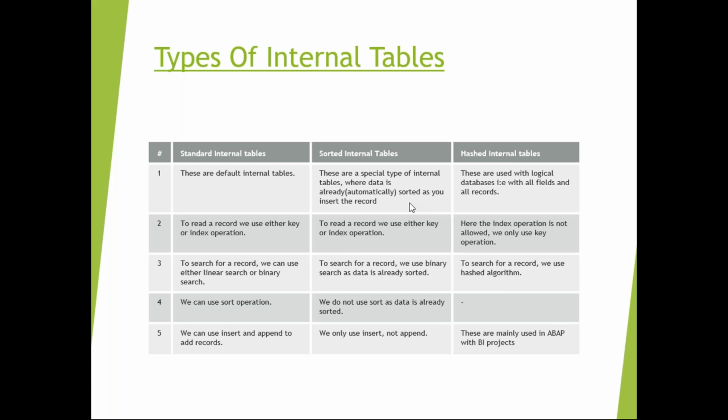And in a sorted internal table, you can operate with both: you can manipulate the data either with the key or index operations. But in hashed, you always have to work with the key only. No index will work over here.